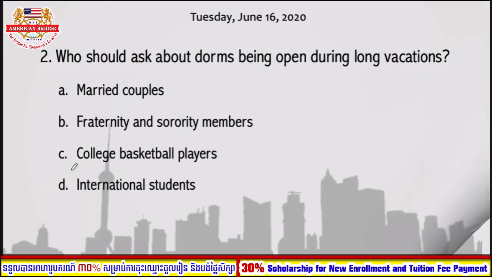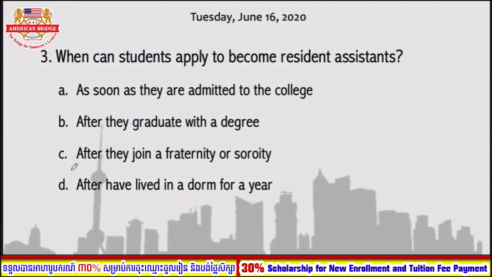Okay. Number 3. When can students apply to become resident assistants? As you know, resident assistant, the benefit, you earn money, you get free meals and a free room or a reduced price. So how can you apply and when?